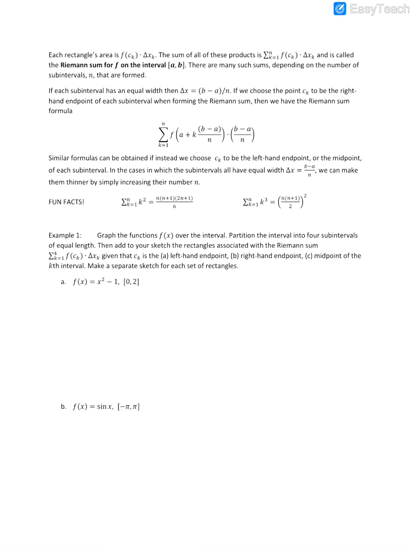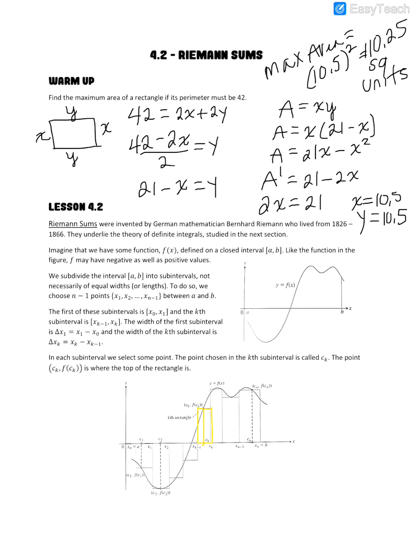Each rectangle's area is f of c sub k times the change in x sub k. Okay, so that should make perfect sense to you, because the f is how high it goes up, meaning the height of the rectangle, and the change in x sub k is just the difference between those 2 points, so the width.